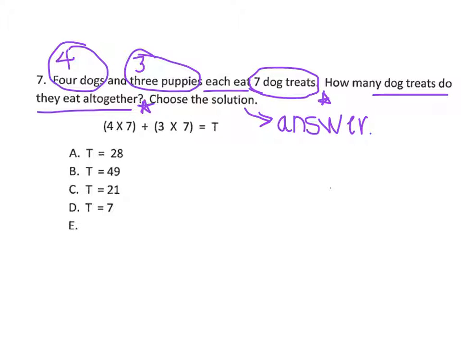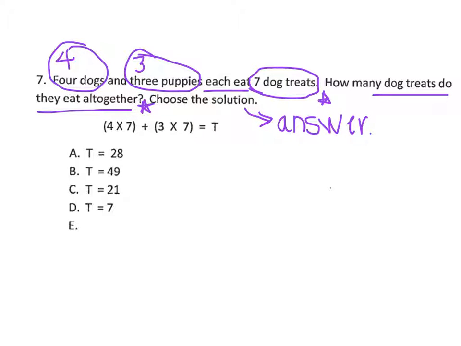So here you have the equation. I see that there is (4 times 7) plus (3 times 7) equals t, which represents the number of treats. Now, when you see the parentheses, it's important that you just multiply or do the operation inside the parentheses first.